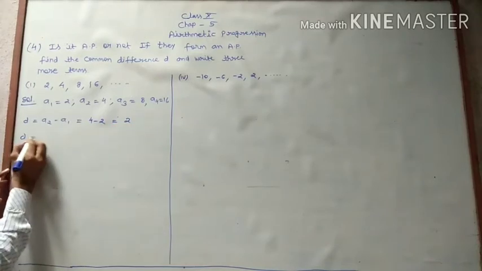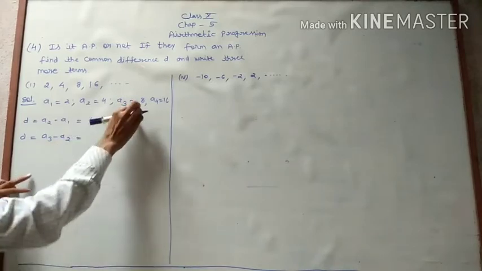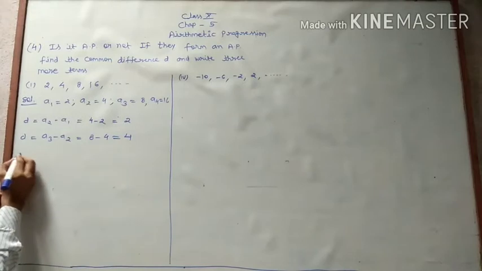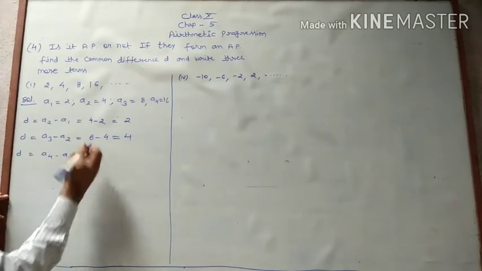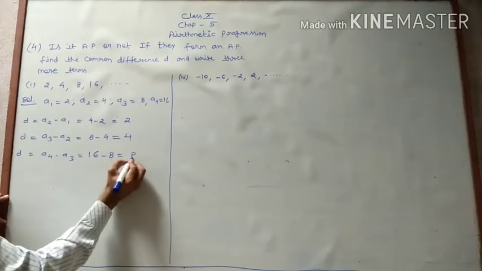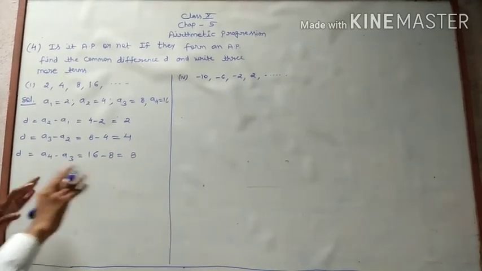Next, common difference A3 minus A2. What is the value of A3? It is 8. 8 minus 4 is equal to 4. The last one, A4 minus A3. Here A4 is 16. 16 minus 8 is equal to 8. The differences 2, 4, 8 are not the same.